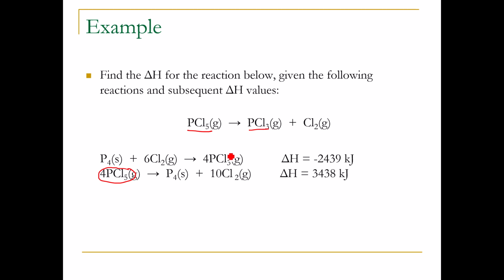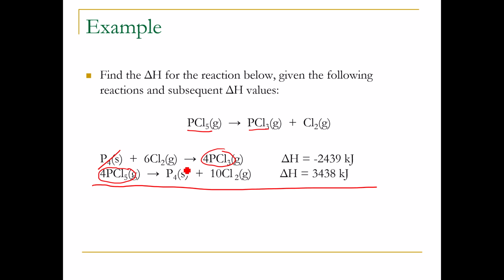PCl3 over here, already on the correct side. And then our Cl2, we have Cl2 in two places. Alright, so let's just work with what we have. We don't want to flip anything because we have PCl5 on the correct side, PCl3 is where it needs to be. So let's just add together what we have and then we'll see what's left.